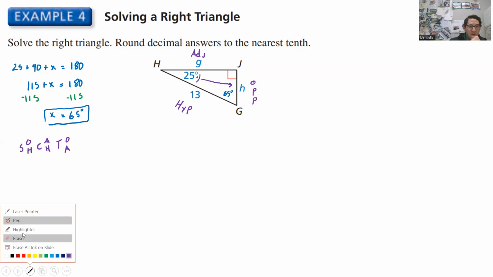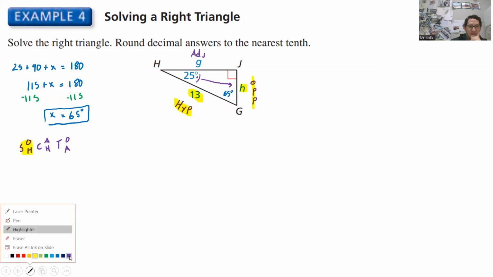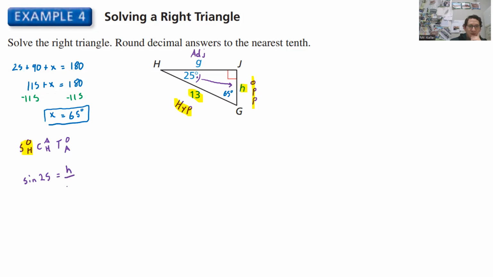So using SOHCAHTOA, what side length do I know? I know the hypotenuse. The 13 is the hypotenuse. I'm looking for the H. That is the opposite side. So which trig function uses opposite and hypotenuse? That is going to be sine. So I'm going to set up my trig function there. Sine of 25 is equal to the opposite, H, over the hypotenuse, 13.